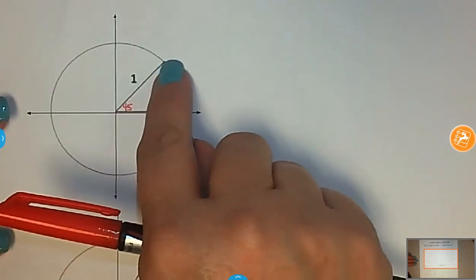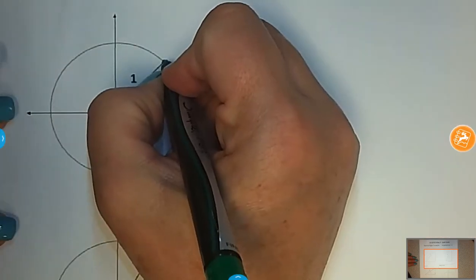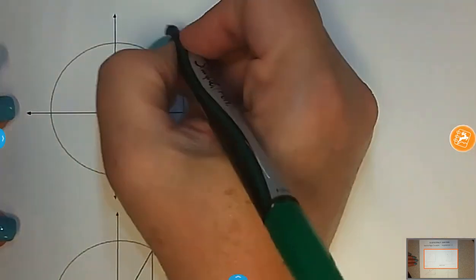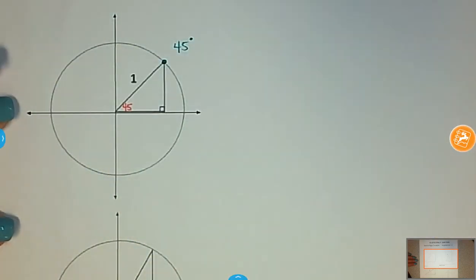The radius of the circle is 1, and the radius of the circle is the hypotenuse for this triangle. What we're going to try to figure out is the ordered pair for this point. For that 45-degree angle, I want the ordered pair where the radius intersects the circle.